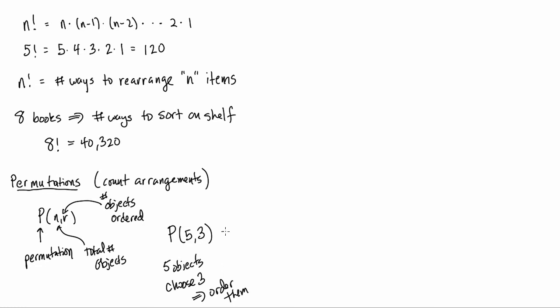The formula for P 5 3 is that you take everything and order it. So you take all 5 objects, all 5 factorial, and then you take 5 minus 3, which is 2 factorial. You take the 2 objects you don't care about and you throw those away. That's why you divide out by them.